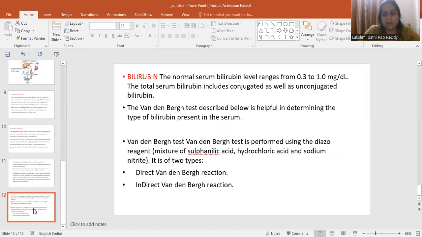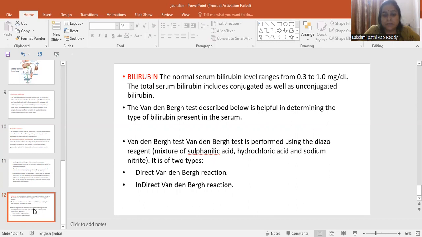The test which can detect bilirubin in our serum is the Van den Bergh test. It is performed using the diazo reagent, which is a mixture of sulfanilic acid, hydrochloric acid, and sodium nitrite.